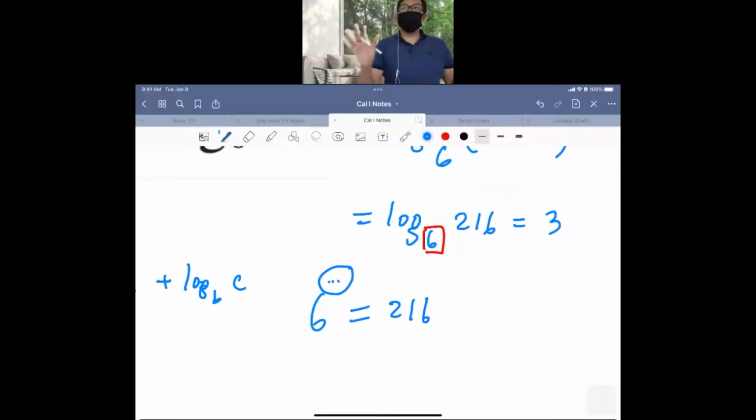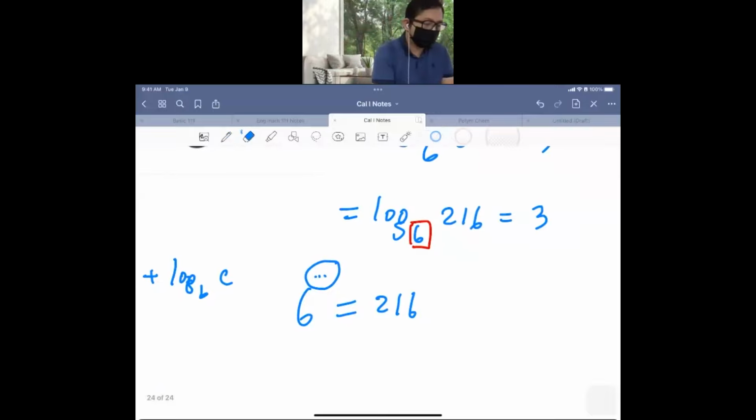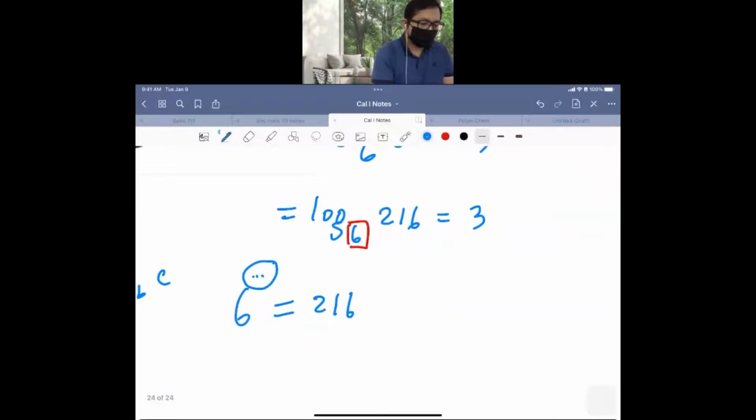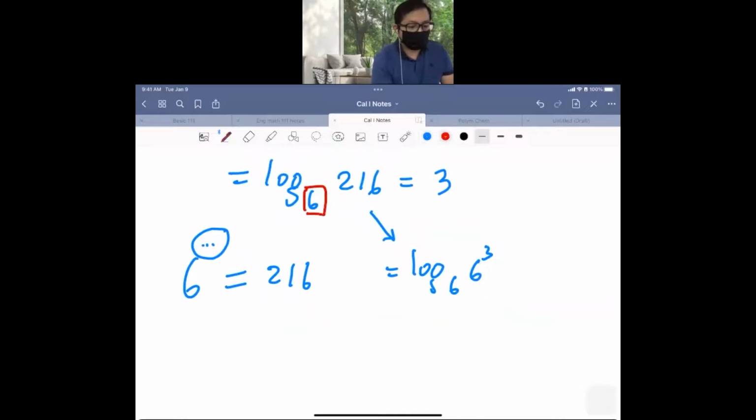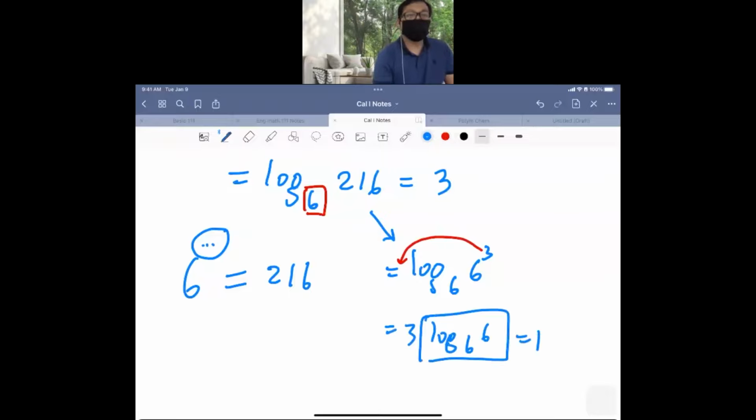Or we can also look at different perspectives. We can take this log 6, and we know that 216 is when we have 6 with power of 3, right? It's the same thing. We can also think that we move this to the front, and this will be 3, and we know that this part here is just 1. So again, it's the same result, 3. Just to let yourself review a log.